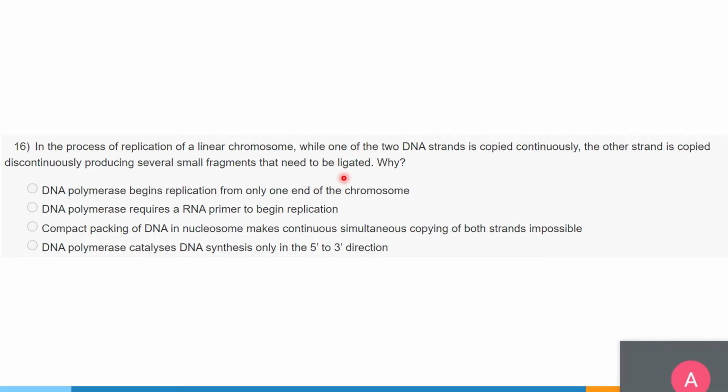The second option is DNA polymerase requires a RNA primer to begin replication. The third option is compact packing of DNA in nucleosomes makes continuous simultaneous copying of both strands impossible. And the final option is DNA polymerase catalyzes DNA synthesis only in the 5' to the 3' direction.